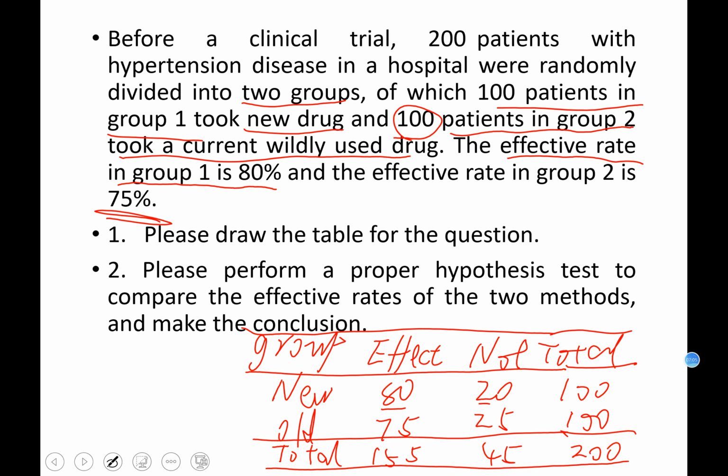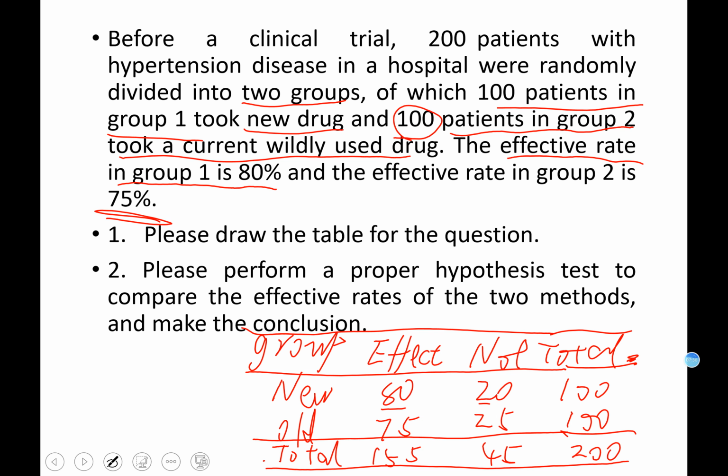So here, this is the contingency table. And we said that we most often use the grouping variable as the row and the results, for example, effective or not effective, cured or not cured, as the column variable. And don't forget to list the totals in the table.